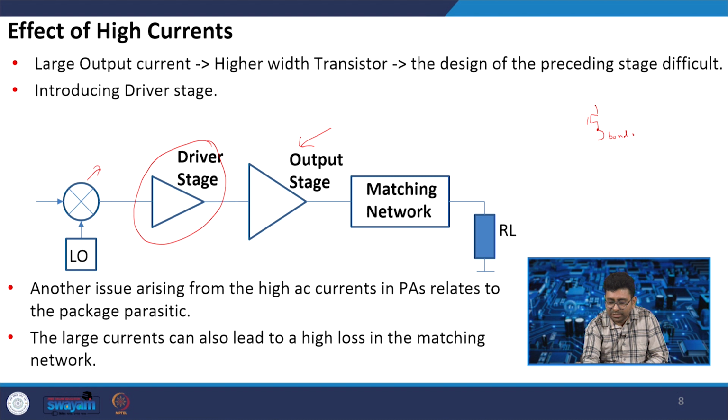Now, there is a ground, and there is an inductor here that is a load, and when we are connecting this to the VDD at the pad, there is another inductor here. So, these inductances are parasitics, and that will also add loss.